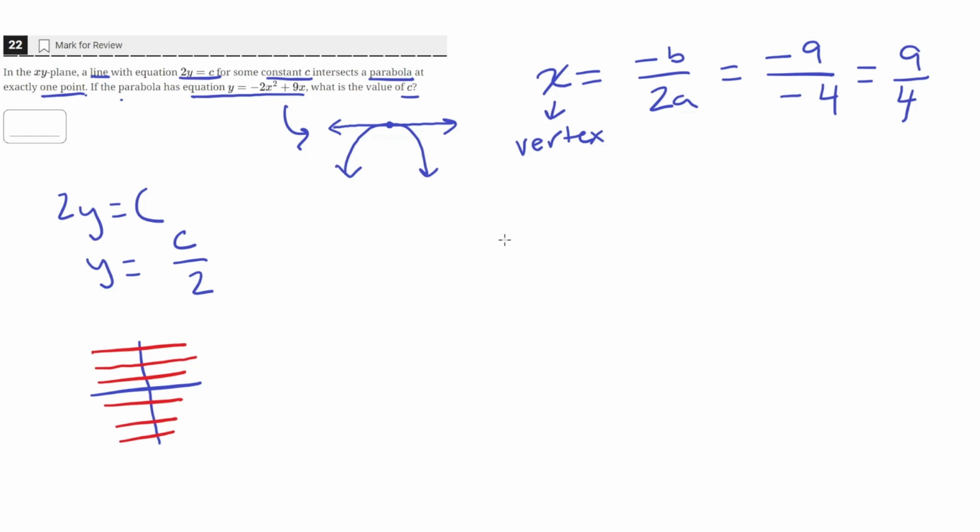And we can find the y value at the point that they intersect by plugging this into the equation of the parabola.